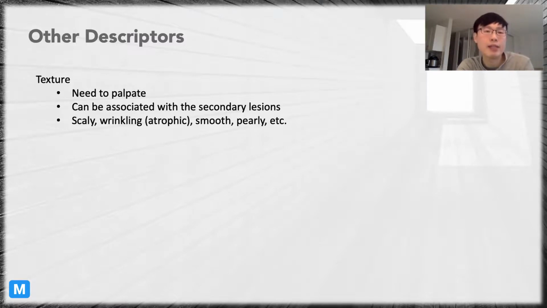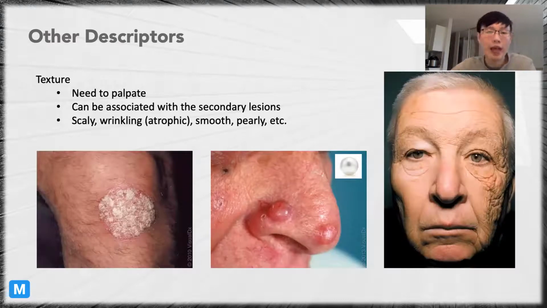And then it can be associated with secondary lesions, for example, scales and crust. Some of the terms we can use include scaly, wrinkly, smooth, pearly. Again, I'll give you 3 examples.